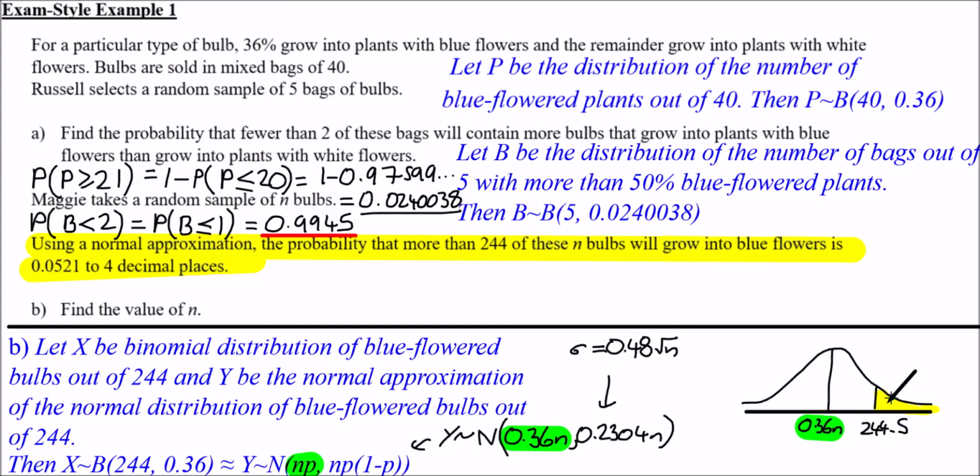But because we don't know the actual exact standard deviation, in terms of n, we need to standardise this curve. So that's 0.0521.